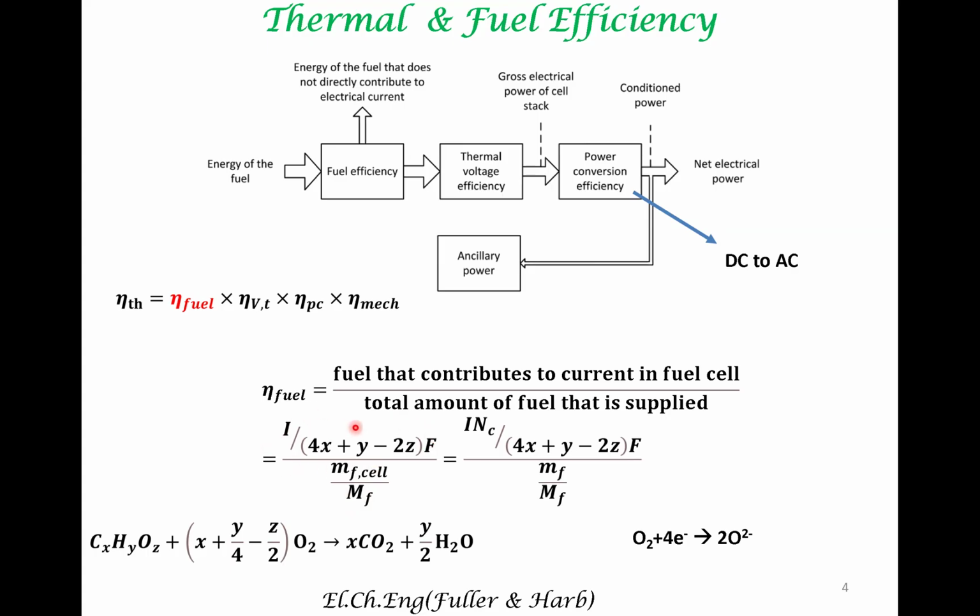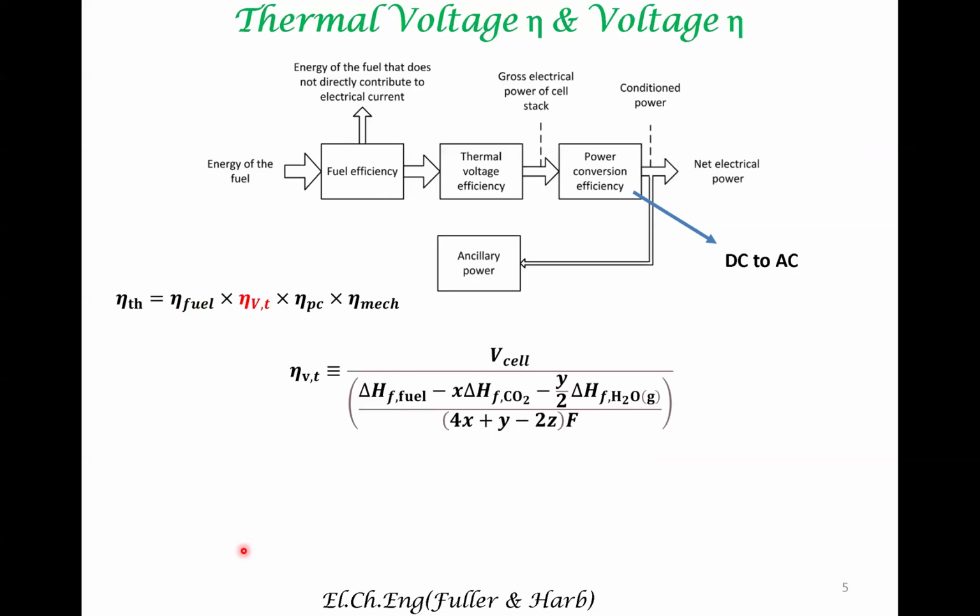So this particular term provides a measure of the fuel that has contributed to current in the fuel cell. So take time to understand this particular term by relating this reaction to this particular term.